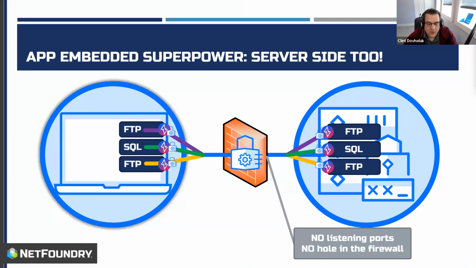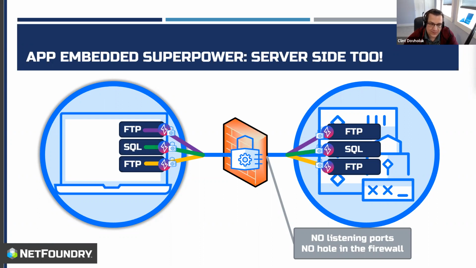So it's also not just for clients. A lot of times we think of these zero trust principles. We think about them at that dirty site like the Starbucks, where my users are going to go and get on the Wi-Fi. But it's not just for the user going to Starbucks. It's also for your data center. So with an OpenZiti SDK baked into your application itself, you don't have listening ports.